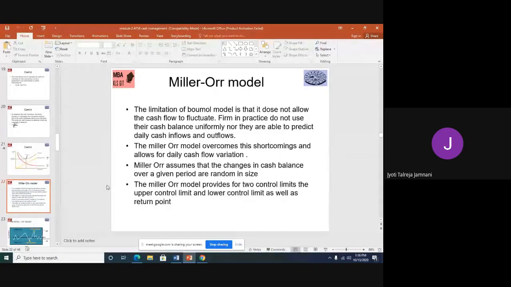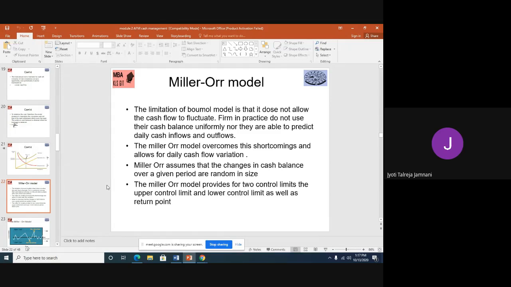It is random. You cannot predict with 100% surety that from today till tomorrow I will need only 100 rupees. You may need 500, you may need 50, or you may need 0. So it allows you to fluctuate your cash balance randomly. You need not fix it.